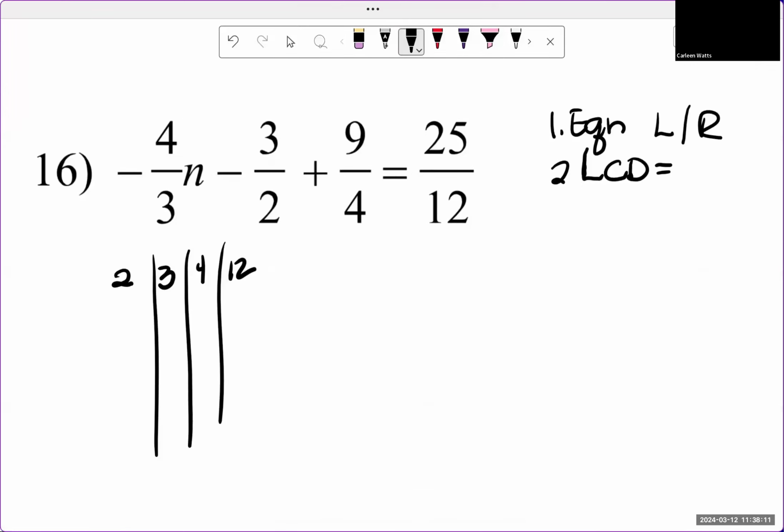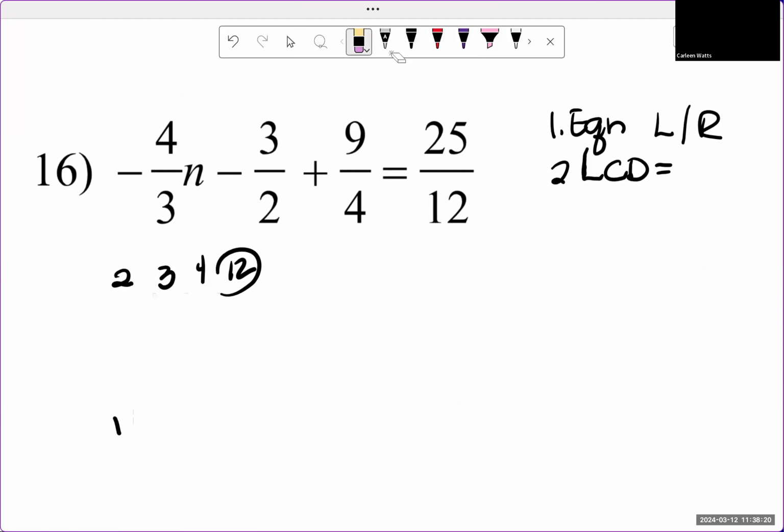Okay, 2, 4, 6, 8, 10, 12; 3, 6, 9, 12; 4, 8, 12; and 12. 12 is the least common denominator or least common multiple. Okay, what's my next step?